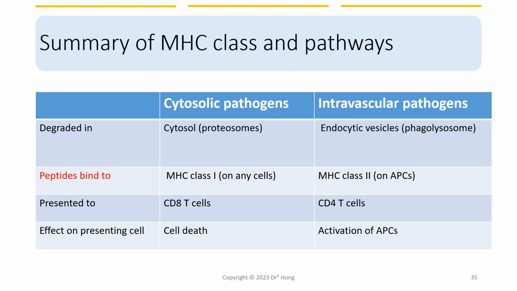So here is the summary of some of the most important information in this lecture, which is the MHC class molecules and the different pathways of how they present peptide antigens. Remember, they are peptides. Now, for cytosolic pathogens, namely those that are infecting the cells, we also talked about viruses, the proteins are going to be degraded within the cytosol by proteasomes, and they're going to bind to MHC class 1, which is present on all nucleated cells.